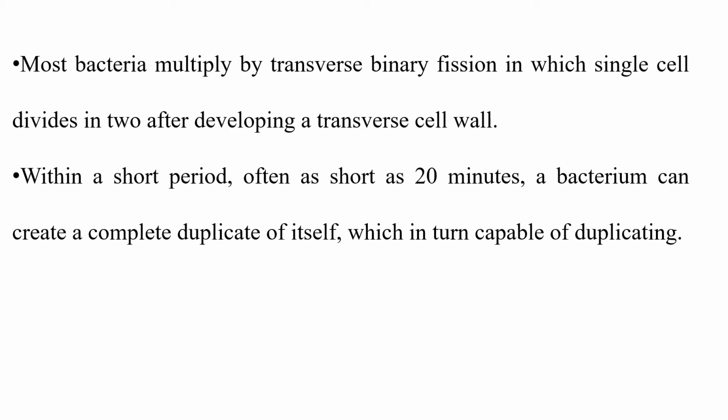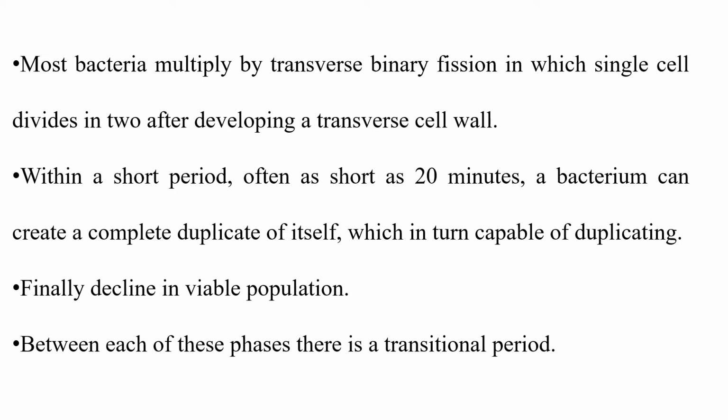That will also depend on the bacteria, and the shortest time reported is 20 minutes. Once there is an increase in the bacterial cells, at the end of that phase you will find a decline in the viable or living cells.